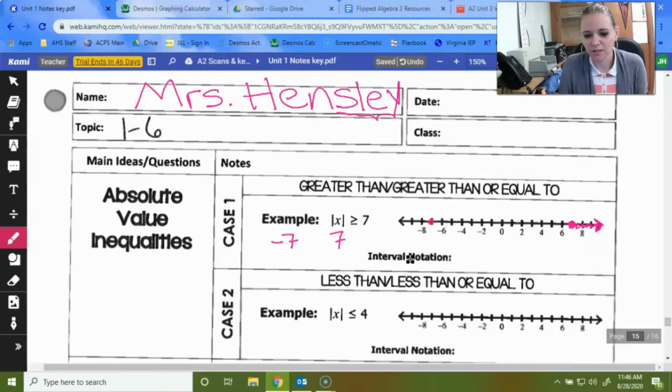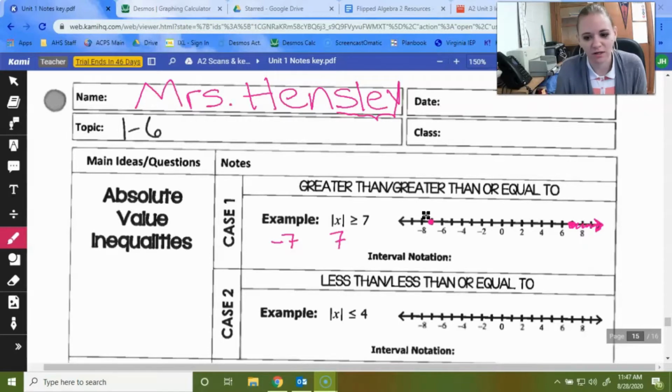Now what's going to happen here, however, is that the sign will be flipped. So why will the sign be flipped? Let's think about the positive way. Let's say we plug in 8. Just to make sure we're shading in the right way, the absolute value of 8 is definitely greater than 7. Now if I plug in negative 6, I would drop the negative, and it becomes positive 6 greater than or equal to 7.